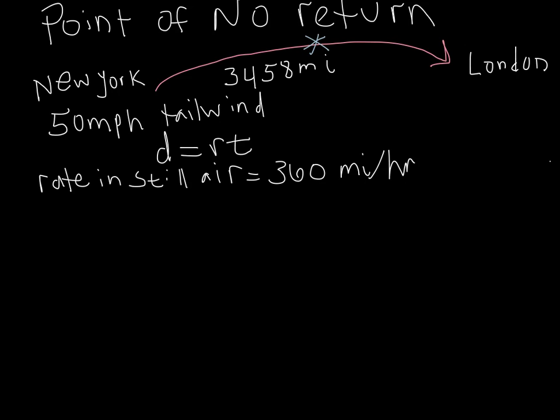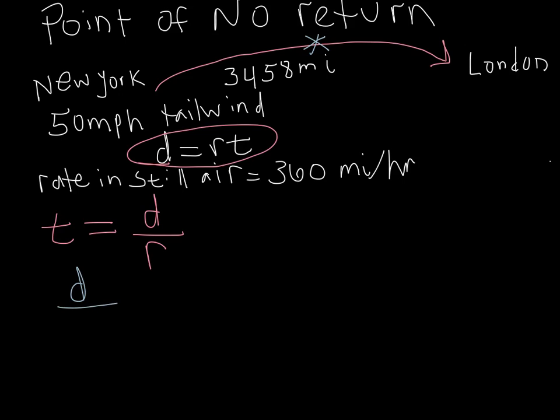We also know that if we solve the motion equation for time, time is equal to the distance traveled divided by the rate at which it is traveled. So the way I'm going to set this up is this. If you think about leaving from New York and starting to fly, here we have distance over 410, because it has a tailwind and that means it's being pushed.